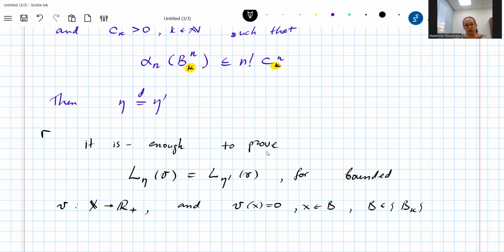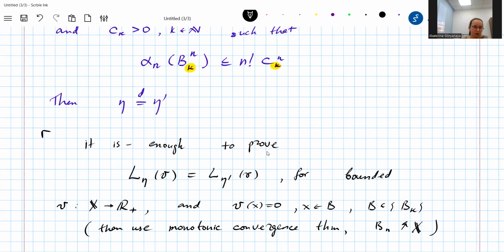So this means that if we prove it for all such functions, then we can use the monotone convergence theorem to get this equality for arbitrary non-negative functions, because B_n converges to all space X. So we use this.